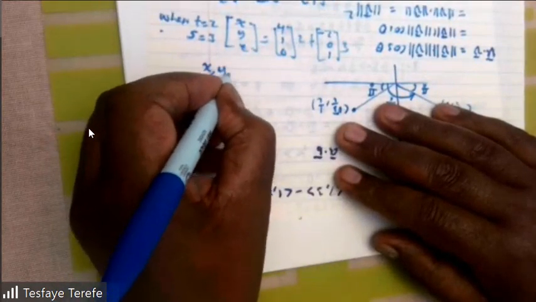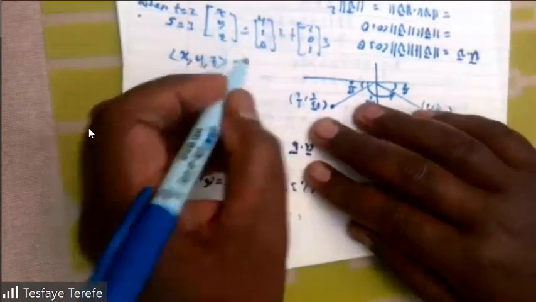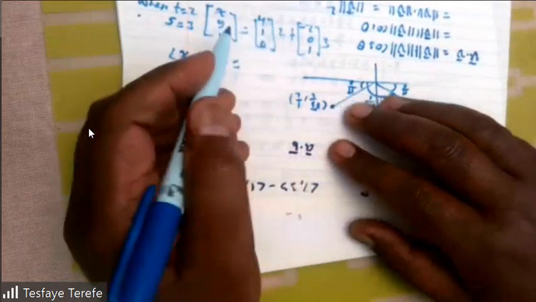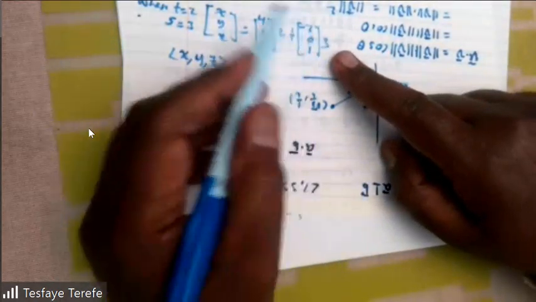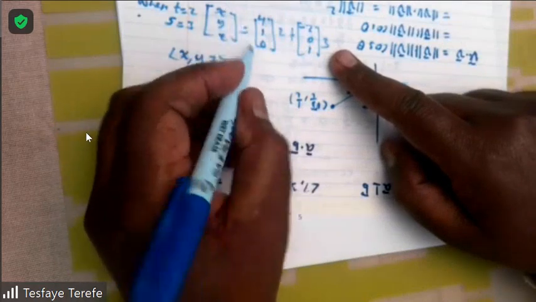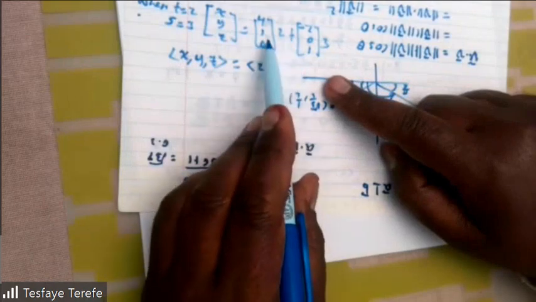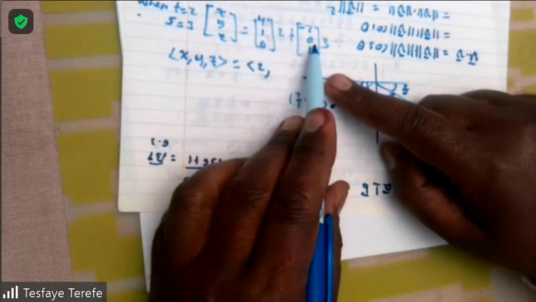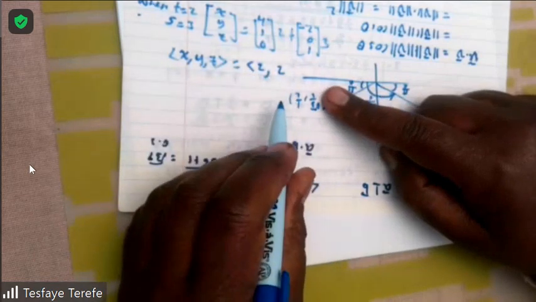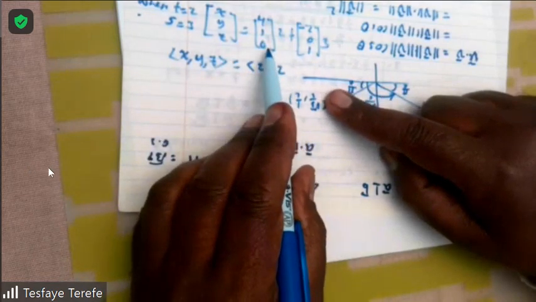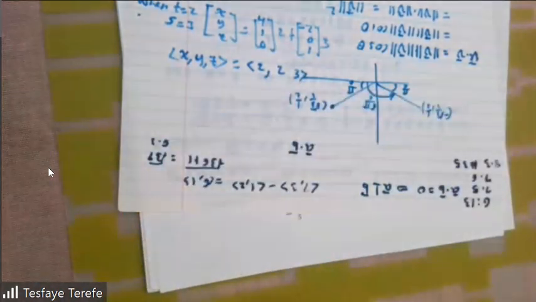For x: 2 times 4 is 8, 3 times negative 2 is negative 6, and that will give me 2. Then 2 times 1 is 2, and 0 times 3 is 0. That means I have 2. And then this is 0, and this is 3. And this is one of the vectors.